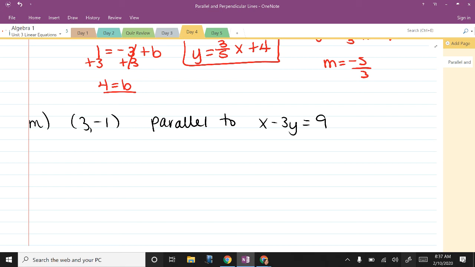All right, this time we want the equation of a line that goes through the point 3, -1, and we want to be parallel to the line x minus 3y equals 9. x minus 3y equals 9. Do I know their slope yet?